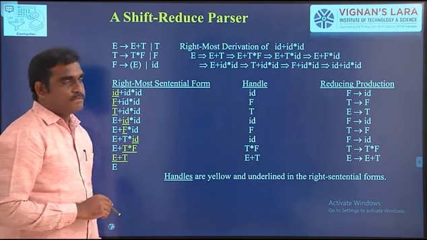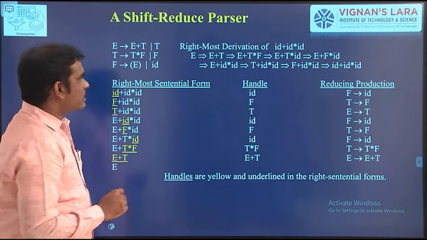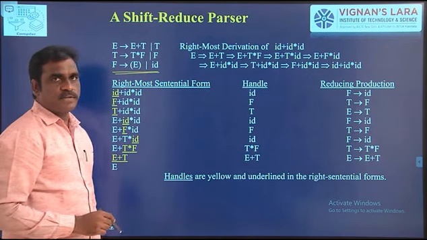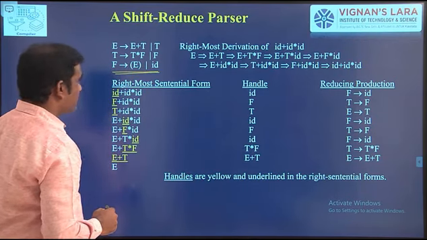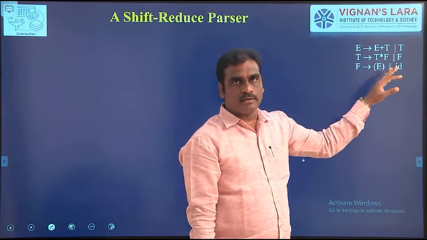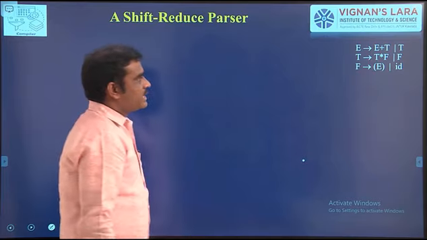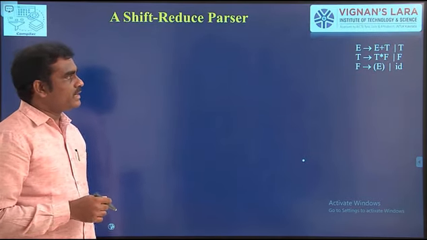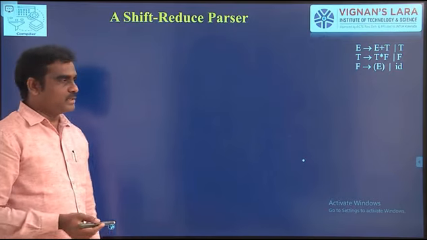So this is the shift reduce parser example. This is the given grammar. How to construct a shift reduce parser? The first step is to derive the rightmost derivation.